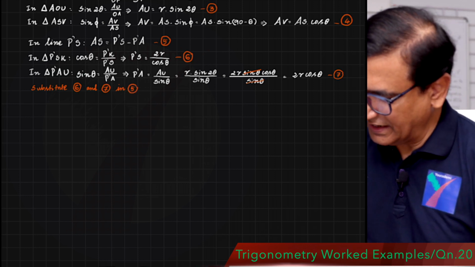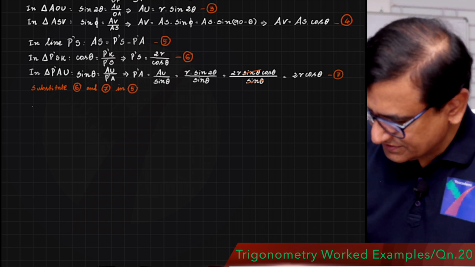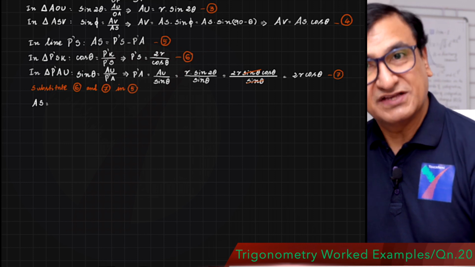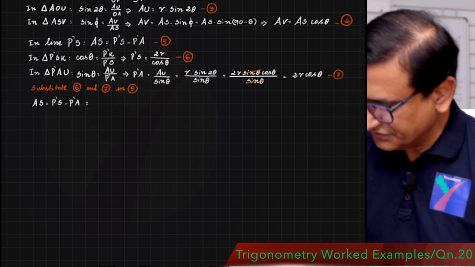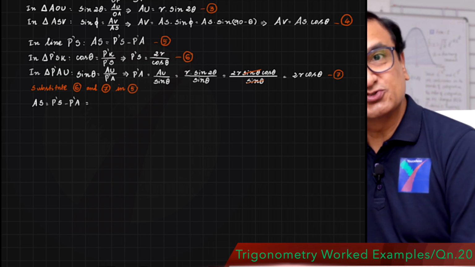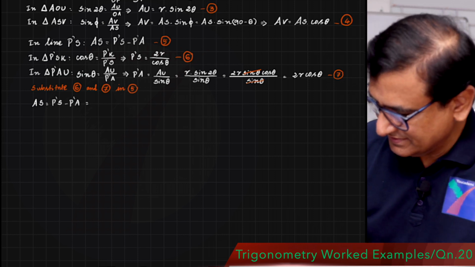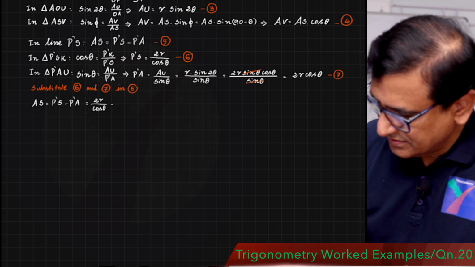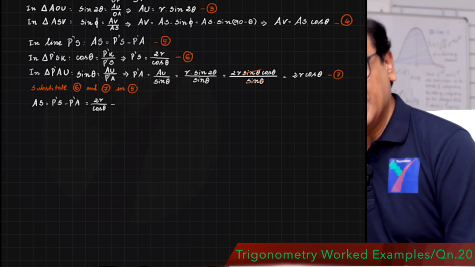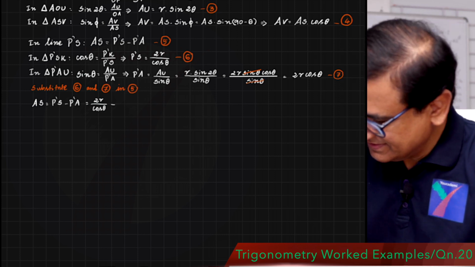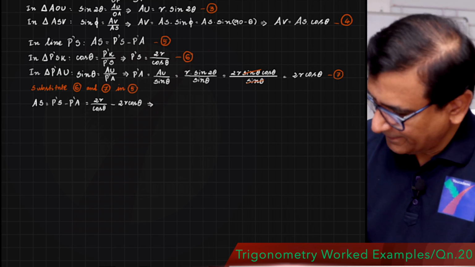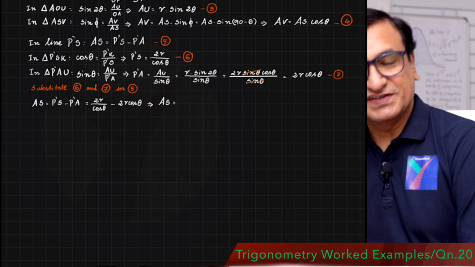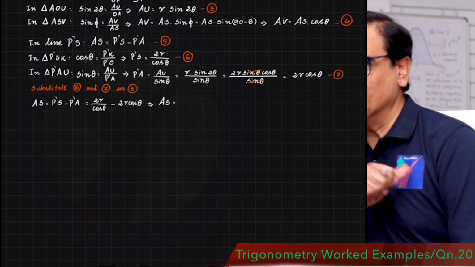So what do we have? We have AS equals P prime S minus P prime A, which equals P prime S is 2r divided by cos theta minus P prime A is 2r cos theta. Let's simplify this. We can take cos theta as common denominator and factor out 2r.